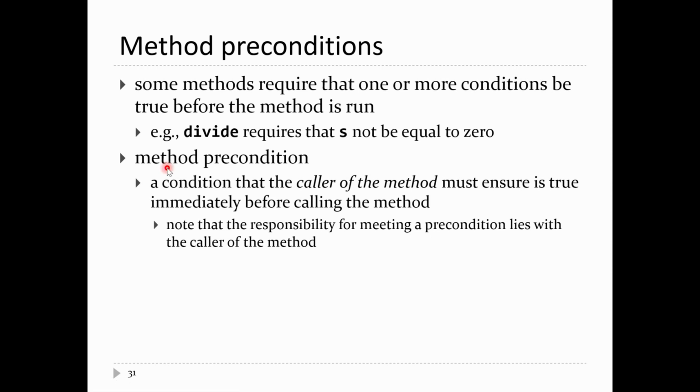A method or constructor precondition is a condition, something that's true or false, that the caller of the method or constructor must ensure is true before they call that method or constructor. In other words, if there are some conditions on the inputs to that constructor or method, then it's the responsibility of the caller to satisfy those conditions. So it's the caller that's responsible for this.